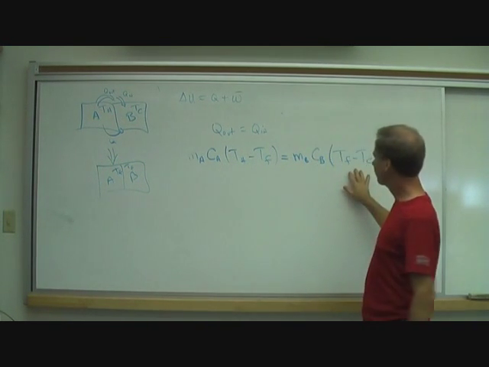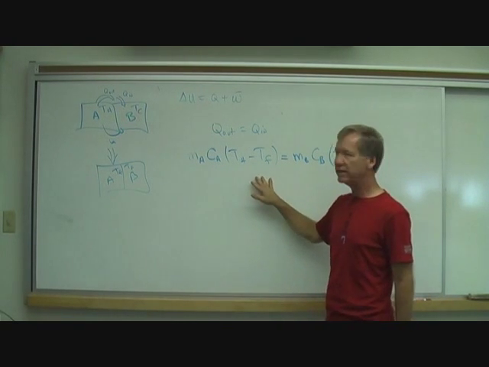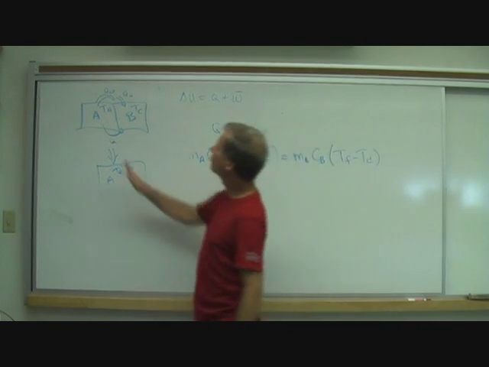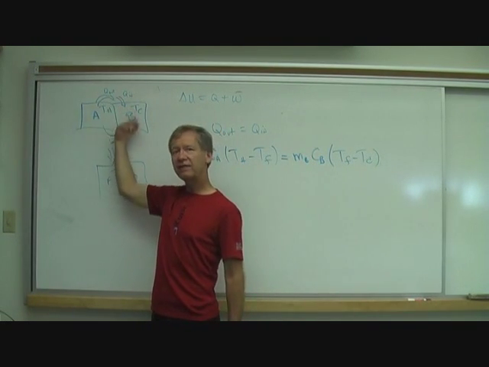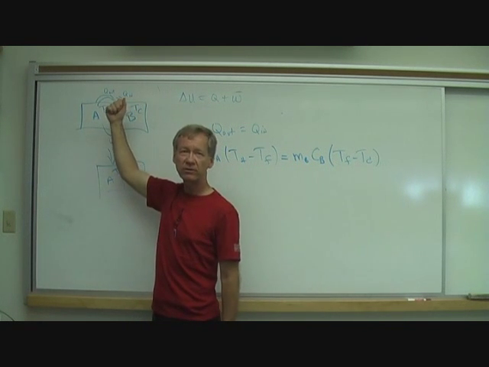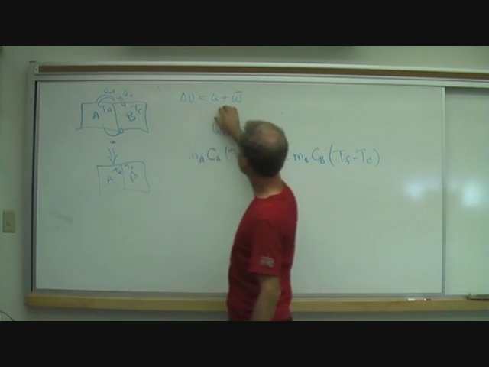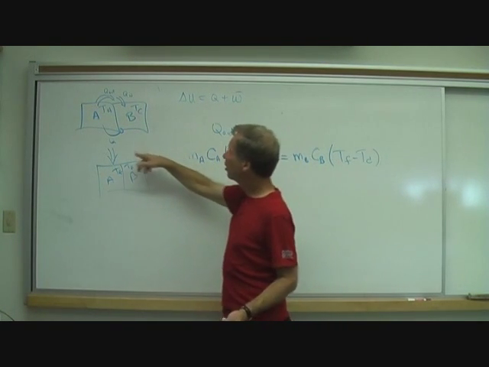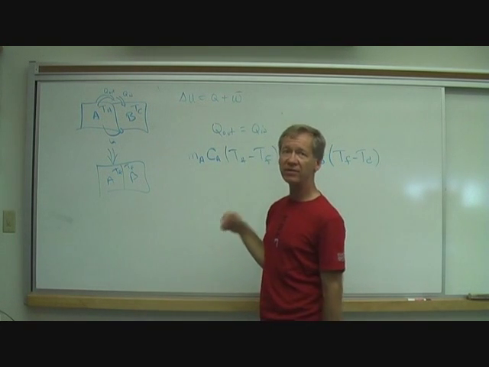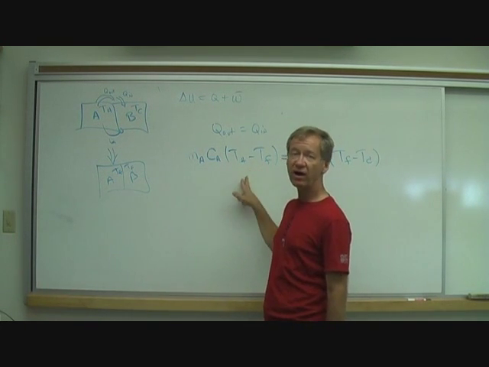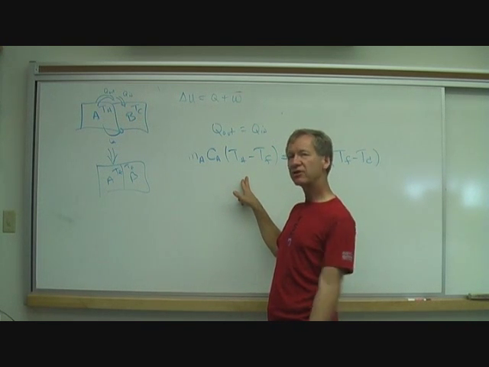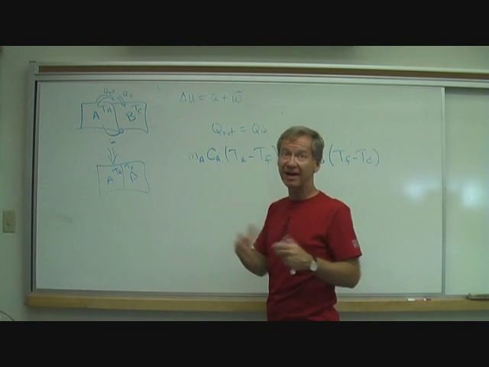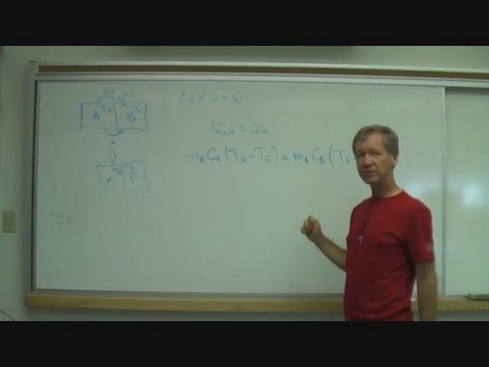The reason for it being this way is I want both of these heats to be positive. The inflow is usually positive and the outflow is usually negative when we look at something being done to the system. So what I did was just flip the sign on the outbound. It should be final minus initial, but that gives me a negative sign for going out, so just so I don't have to worry about signs, I flip this.